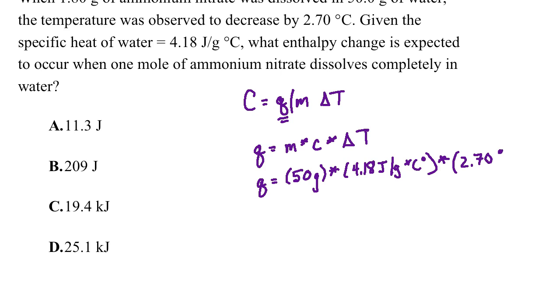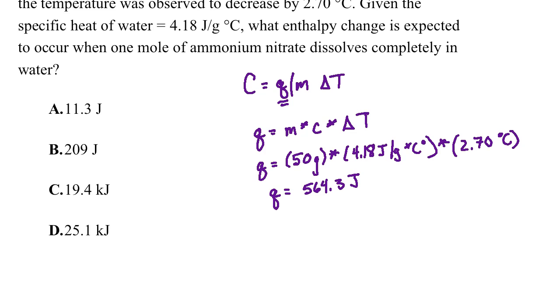And so we would also put Celsius here because our units have to cancel. You may find values that are given in Kelvin, or sometimes you may find them given in Celsius. Just keep your units consistent when you're working through this. So if you work through your math there, you end up with 564.3 joules.